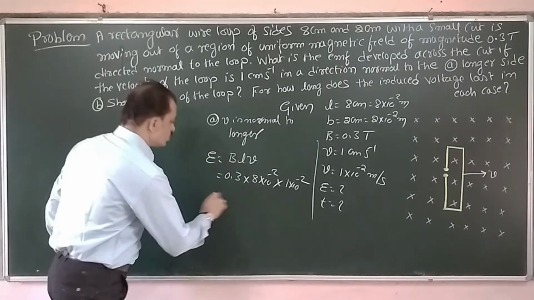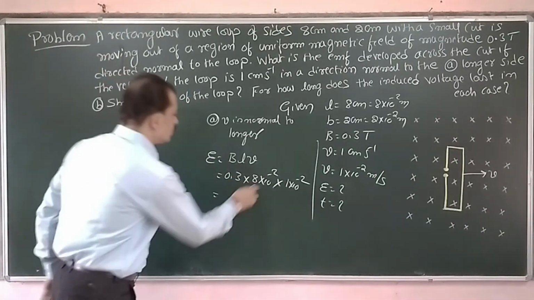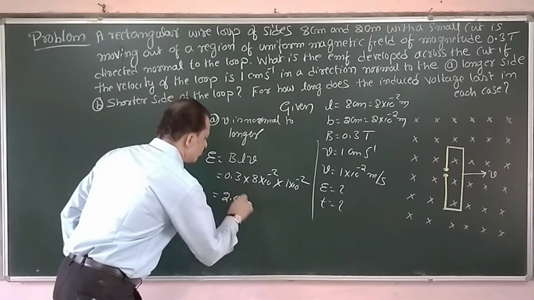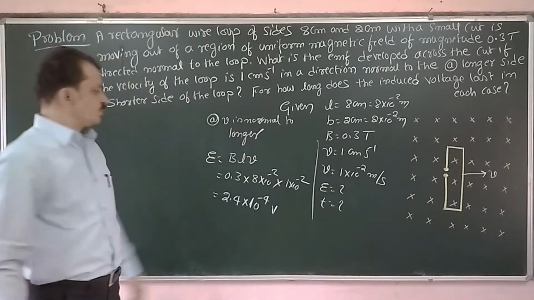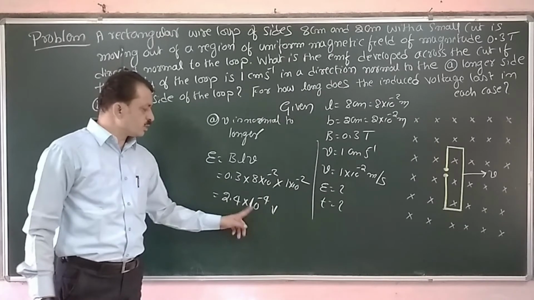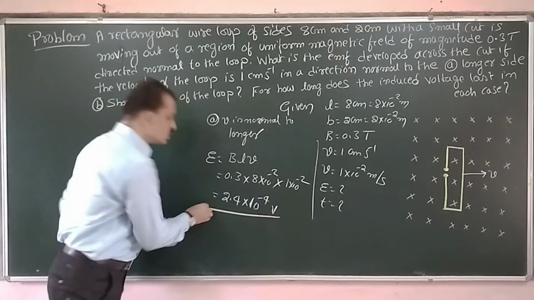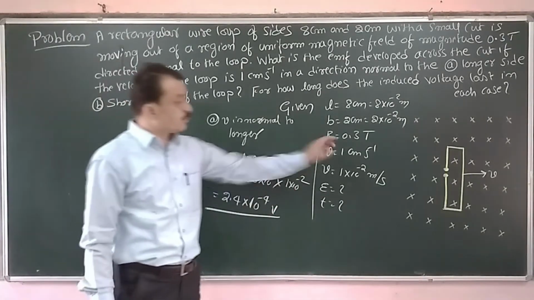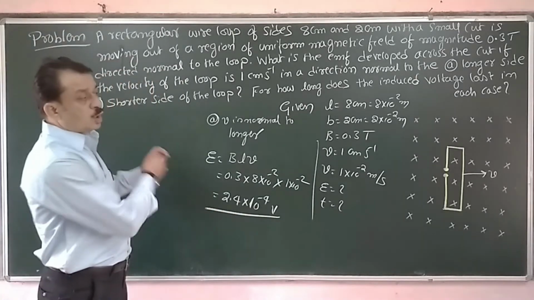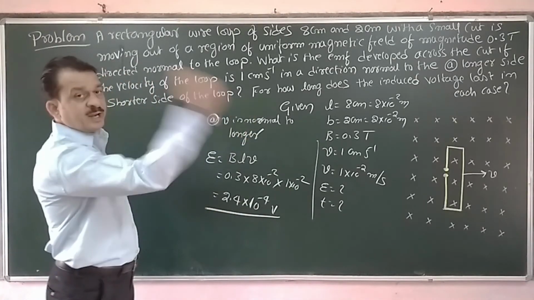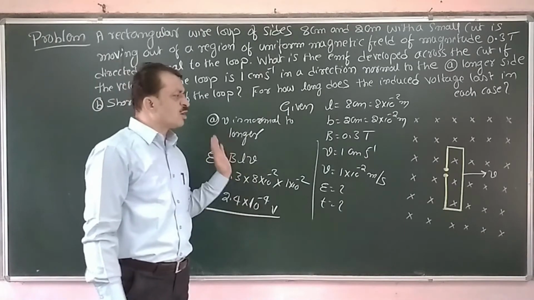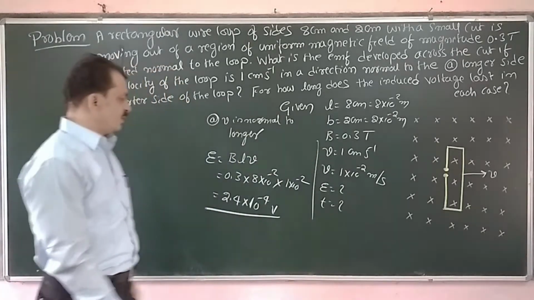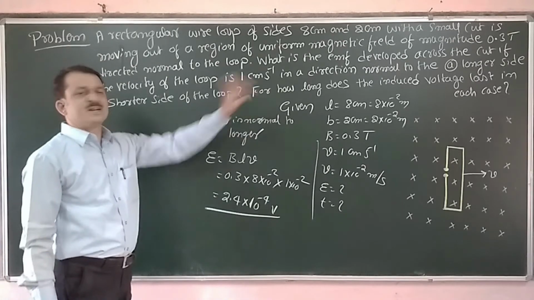So if you work out, that is 2.4 into 10 raised to minus 4 volts. This amount of EMF is developed across the cut when the rectangular coil is pulled with the longer side taken away with the speed of 1 centimeter per second.